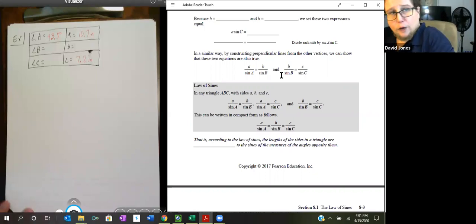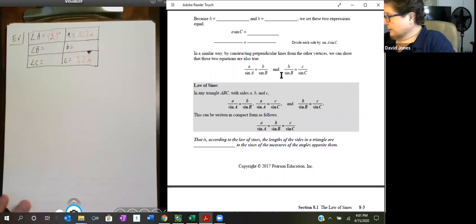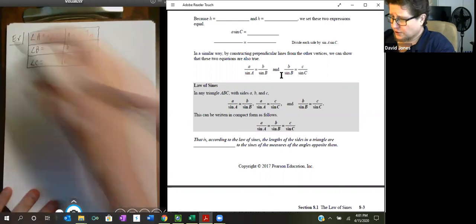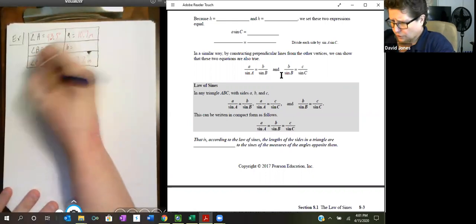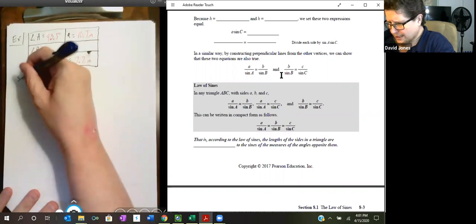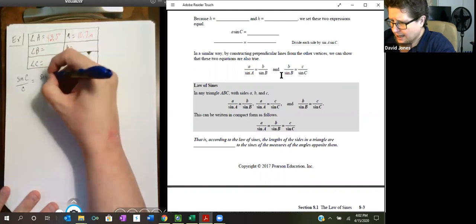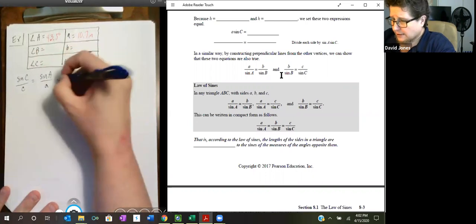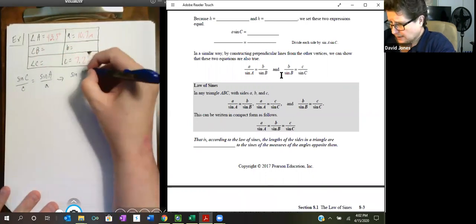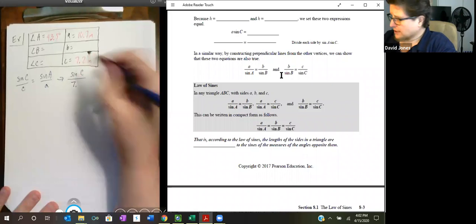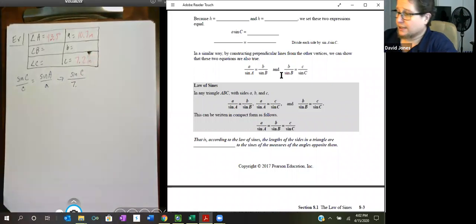Okay. I hope you paused it, worked through it. So we're looking for angle C. We're going to do sine C over C equals, we're going to use A, sine A over A. Let's call that 7.20 inches.